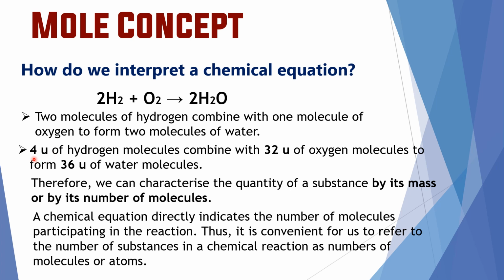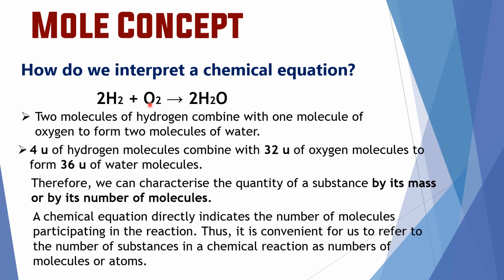Here, 4 U of hydrogen means two hydrogen molecules are there. One hydrogen atom's mass is 1, so the total is 4 hydrogen atoms, in 2 molecules of hydrogen. So 4 U of hydrogen combines with oxygen, O2.